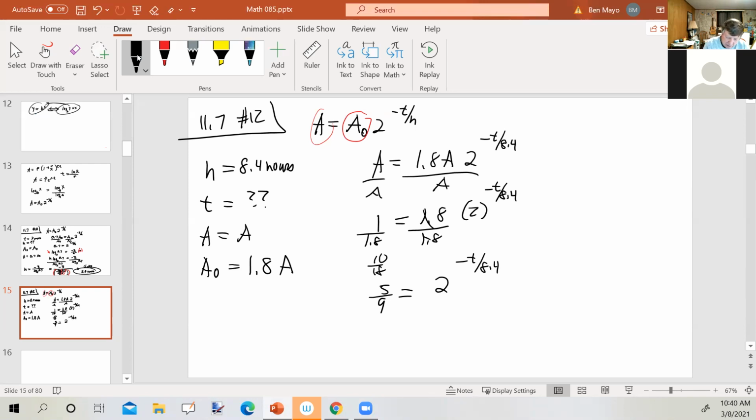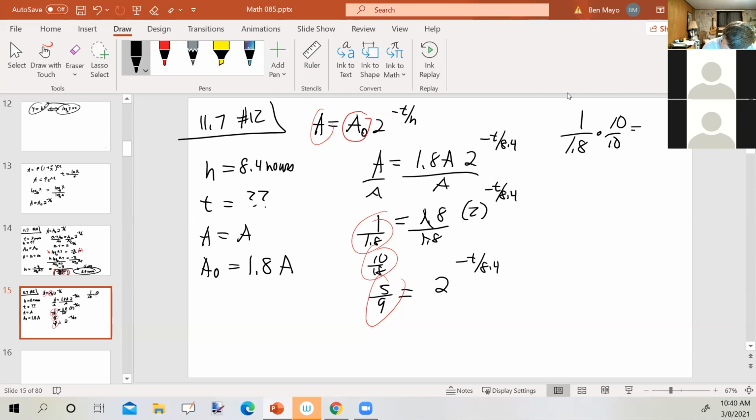Are you okay how I got from here to here to here? Any questions there? All right. I was a little confused how you got to 10/18. Okay. Me too. Okay. So if you've got 1 over 1.8 and you multiply by 10 over 10, you get 10 over 18, clearing the decimal in the denominator.